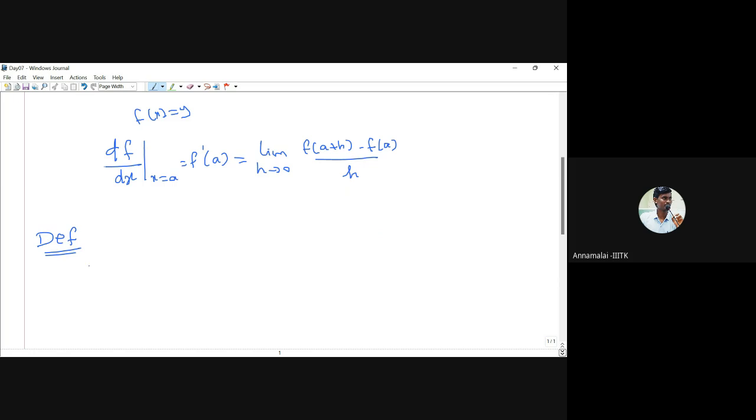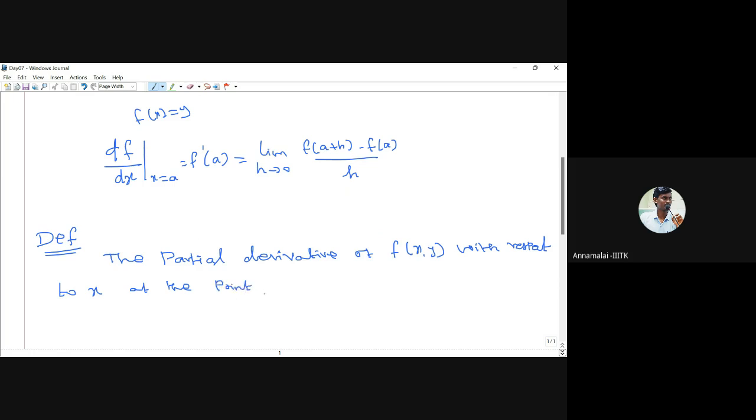So, definition: the partial derivative of f(x, y) with respect to x at the point (x naught, y naught).